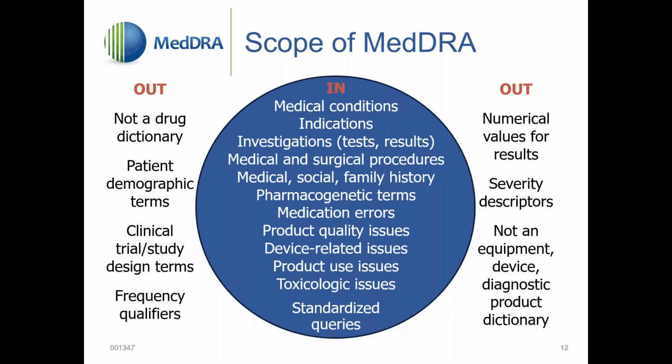And you won't find brand names for devices, but terms for specific device types, like catheters, joint prostheses, cardiac pacemakers, etc. And finally, MedDRA does not contain any terms that refer to clinical trial study design, like double-blind, placebo-controlled, etc. So that's really important to remember.